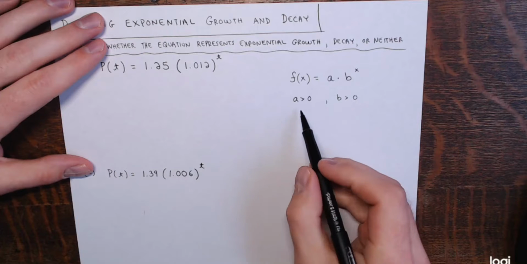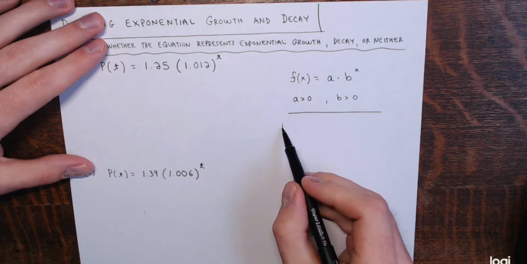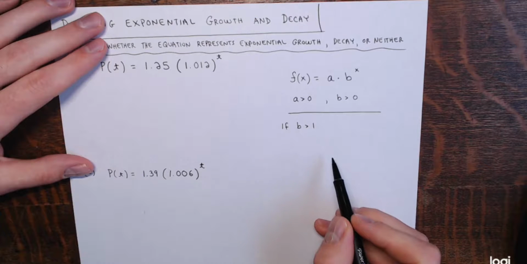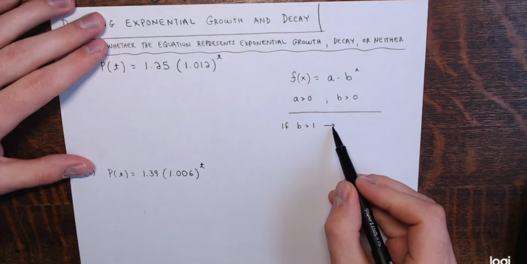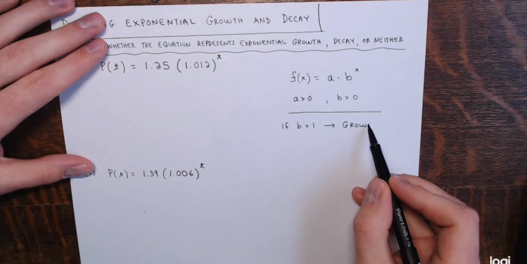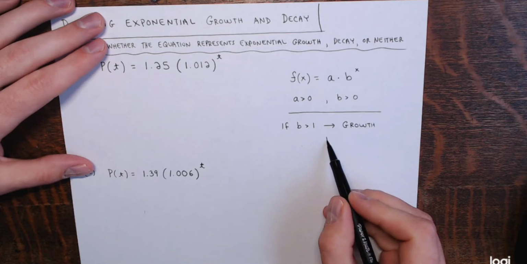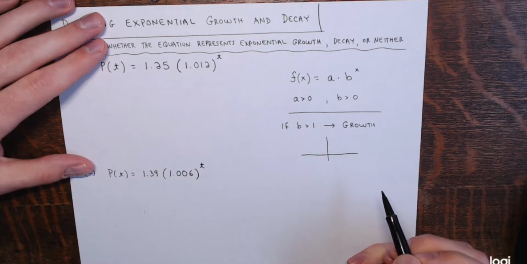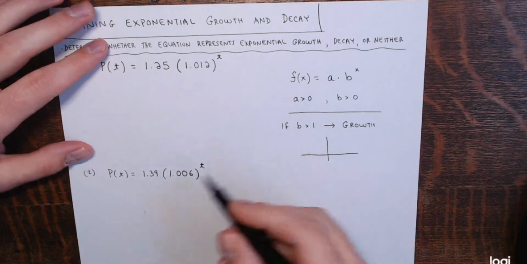So as I was saying, if that base is bigger than 1, you have exponential growth. All right, the exponential function, and we've seen several exponential functions by this point. The function will look like this.